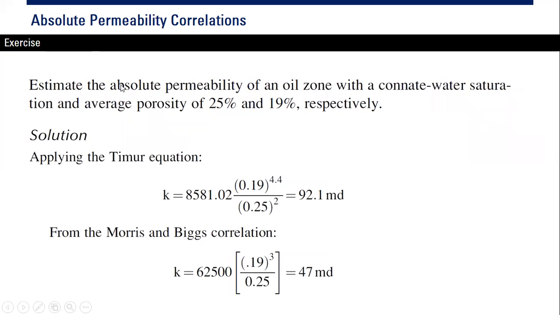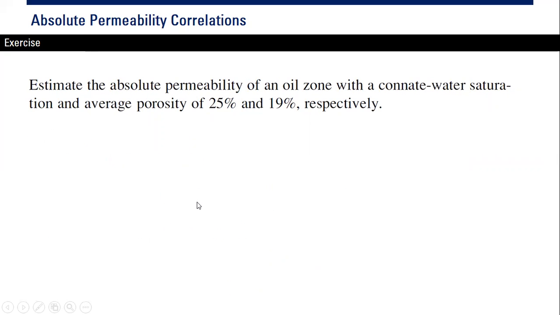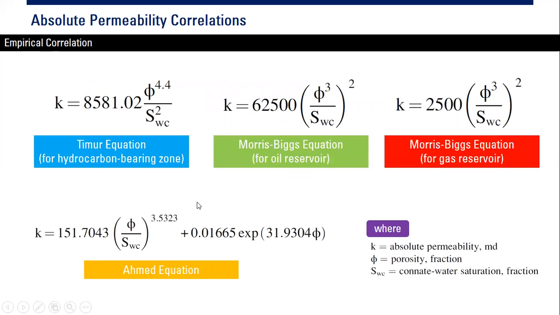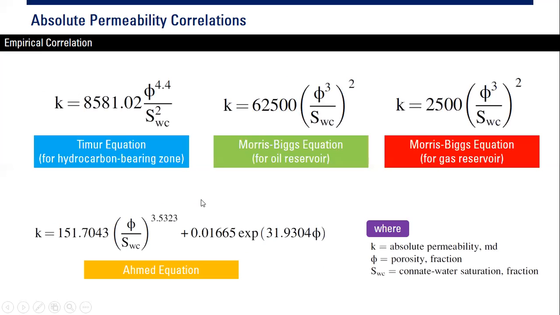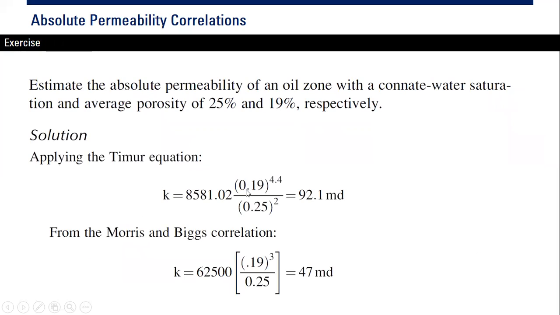For the Timur equation, you use this formula, but see, we change the irreducible water saturation from percentage to fraction, and also the porosity from percent to fraction, from 25% to 0.25, and we apply the Timur equation, we get permeability of 92.1.